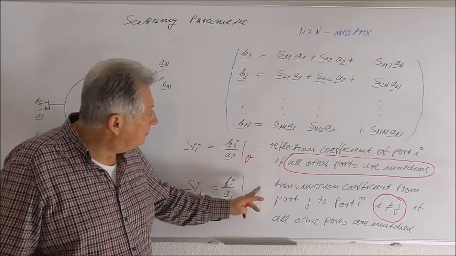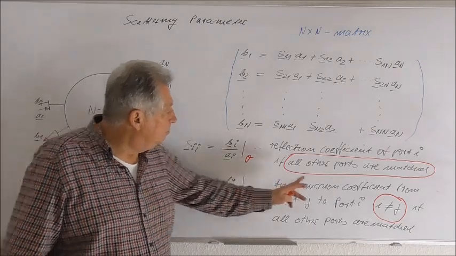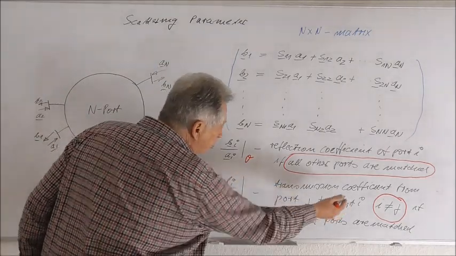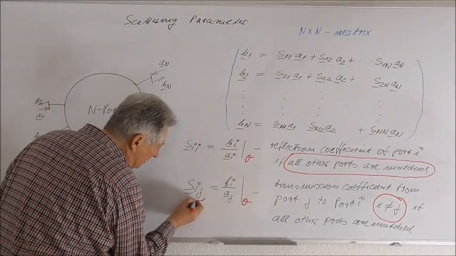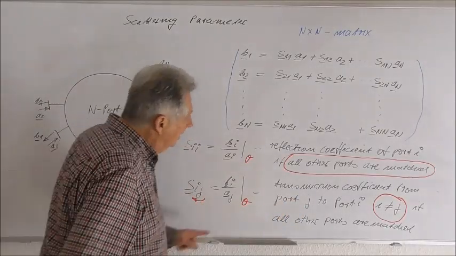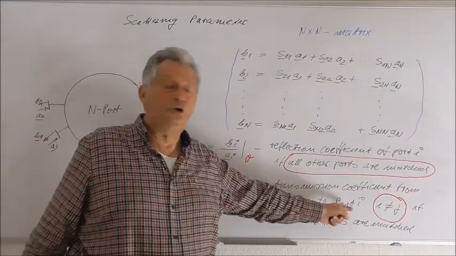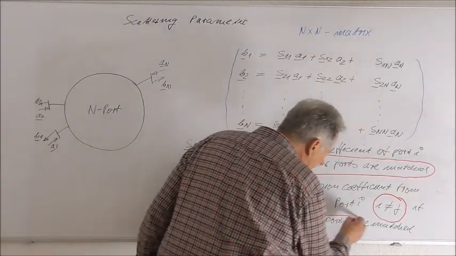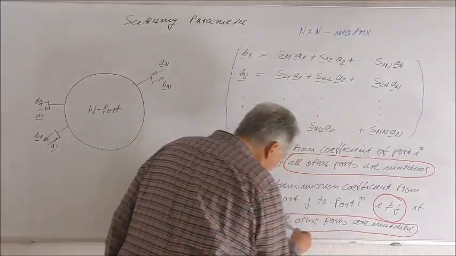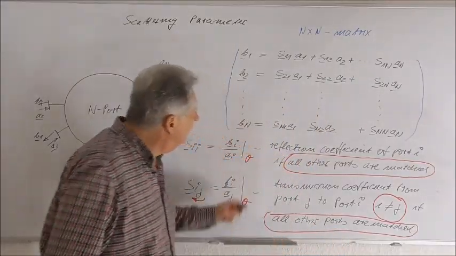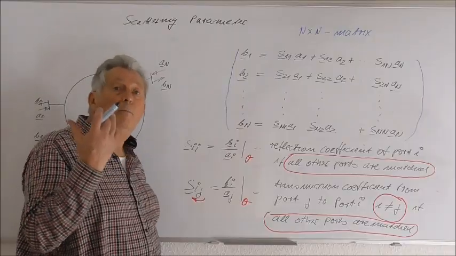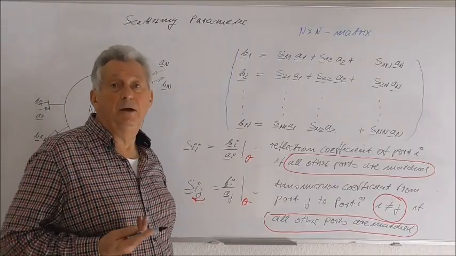So this describes the transmission coefficient from port j to port i. So we have the transmission in this direction again. And again we must assure that all other ports are matched. So now this finishes our consideration just talking about the meaning of the different S parameters.